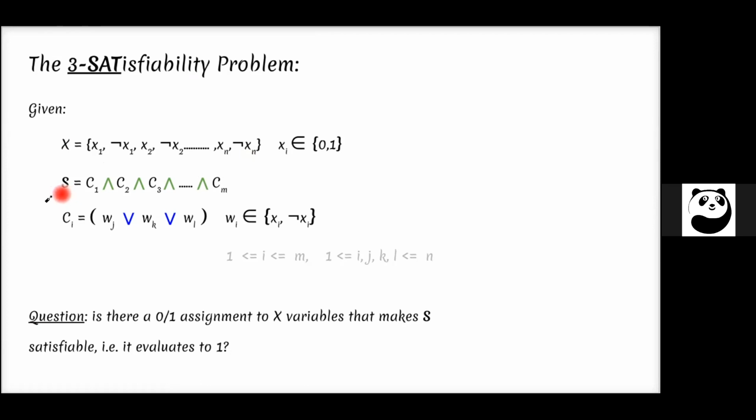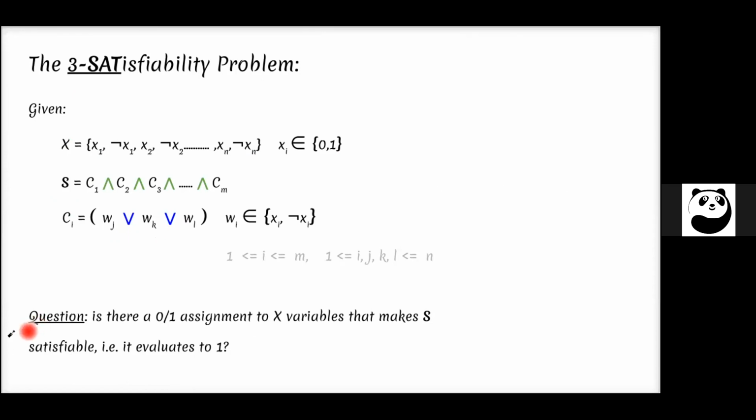It's a conjunction of clauses, meaning it's a bunch of clauses joined together by an and, and each clause has three variables. In the satisfiability variant that we are dealing with today, 3-SAT means three variables. Each clause in S is a disjunction of three Boolean variables.